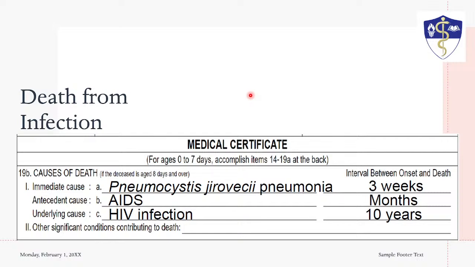If you write COVID-19 without the abbreviation, you're going to waste the whole line, just writing the name. So those are acceptable abbreviations. Others, you do not place on the medical certificate.